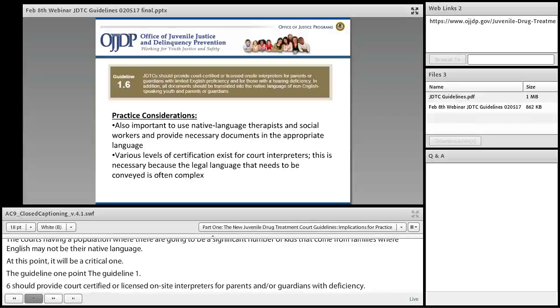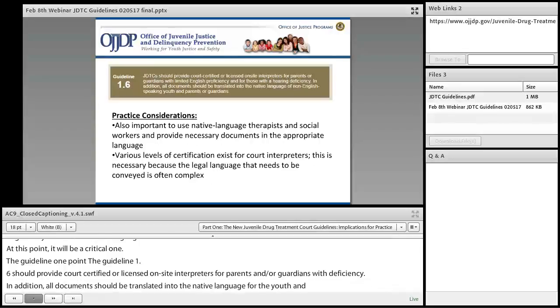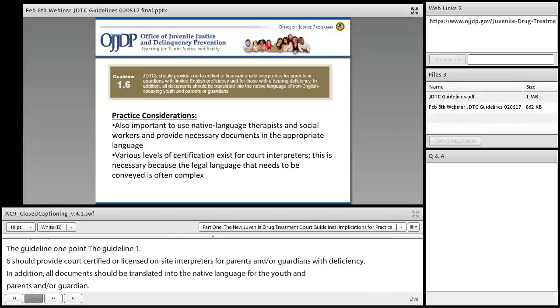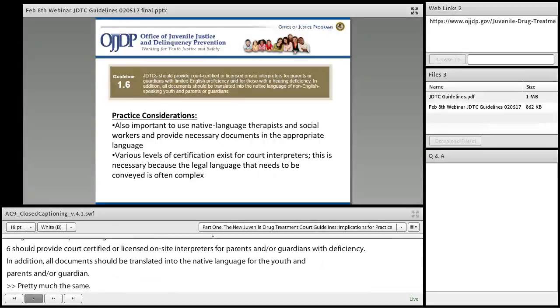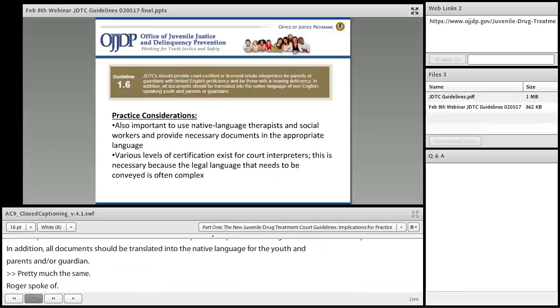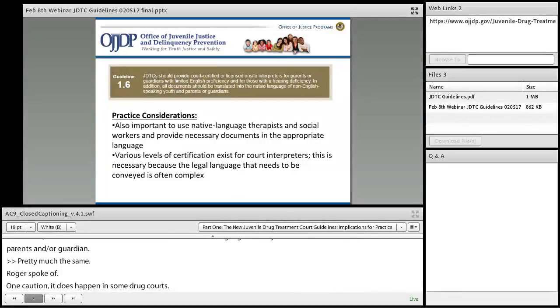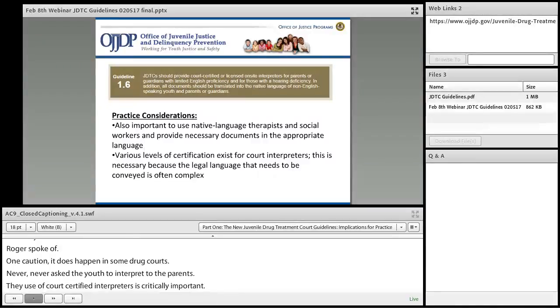So in practice, pretty much the same thing that Roger was talking about. One caution, and it really does happen in some drug courts, never ask the youth to interpret to the parents. The use of court-certified interpreters is critically important, not only in court, but for therapists, for social workers, and there are various levels of certification for court interpreters.